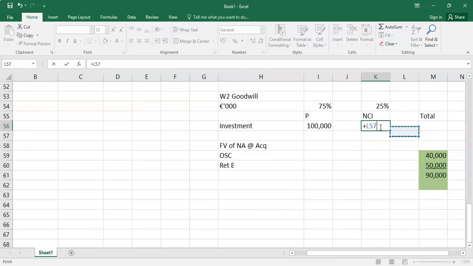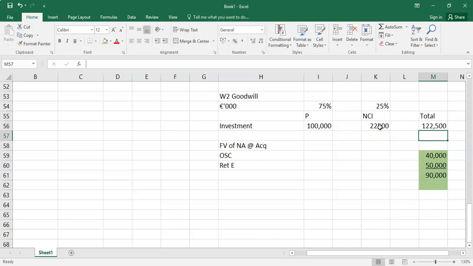So that means your NCI is 25% of 90, which is 22.5, so 122,500 is your total investment. So your goodwill at acquisition here is 122,500 minus 90. That's important, it's at acquisition.